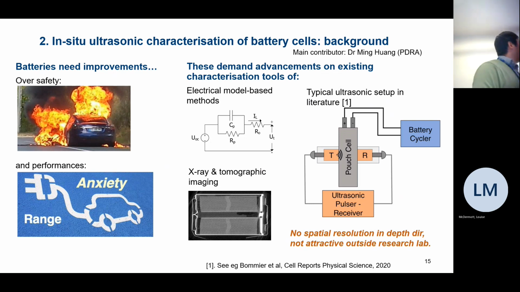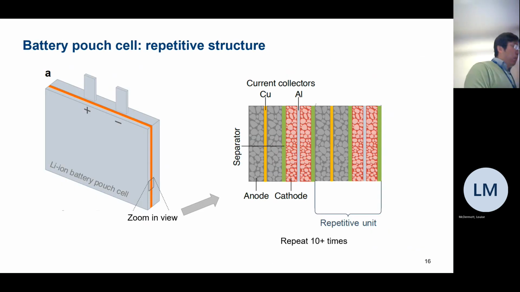So typically, the ultrasonic setup in the literature is just to put an ultrasonic pulser onto a battery and do through transmission. But what we are showing in the following slides will be a more advanced ultrasonic characterization capability, which is to identify each layer property inside of the battery.